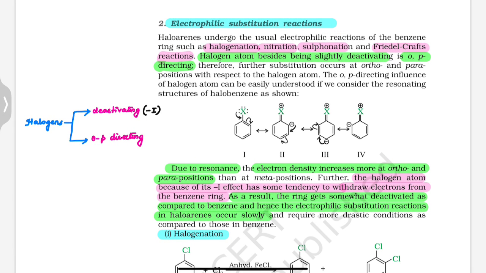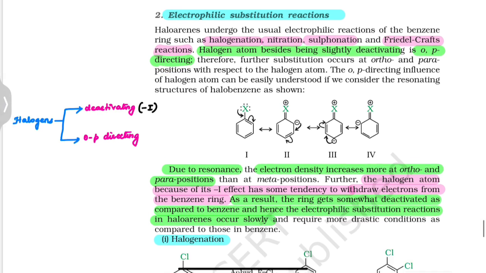Haloarenes will not undergo nucleophilic substitution reaction, but they do undergo electrophilic substitution reactions, such as halogenation, nitration, sulfonation and Friedel-Crafts reaction. The halogen atom, besides being slightly deactivating, is ortho-para directing.